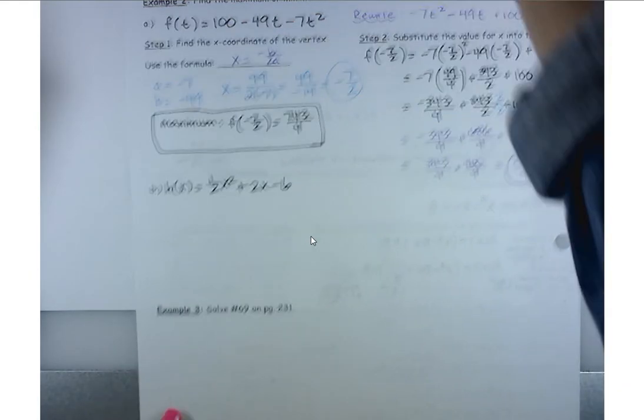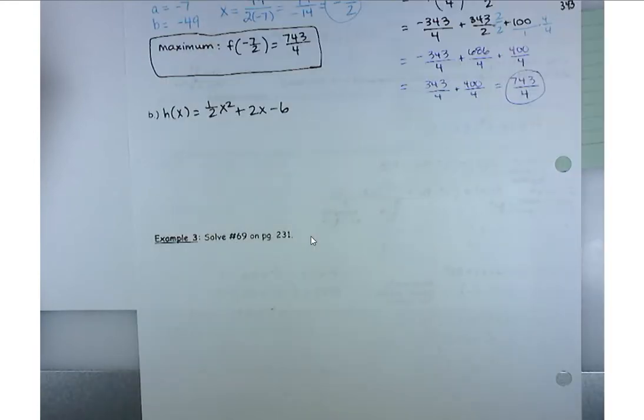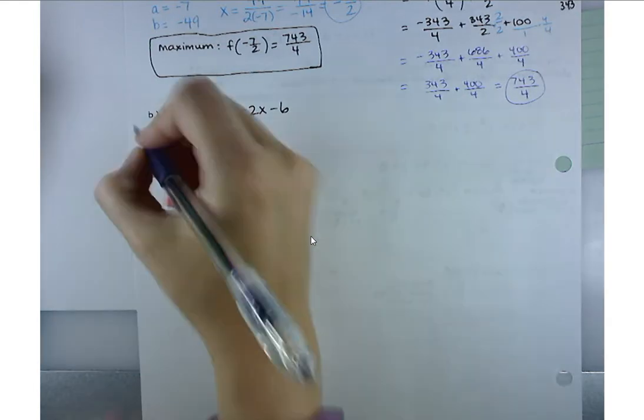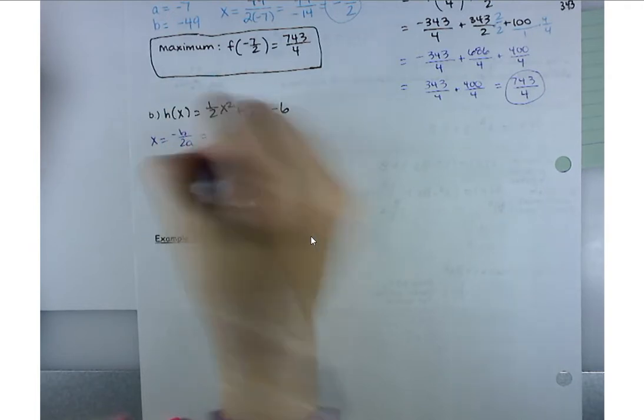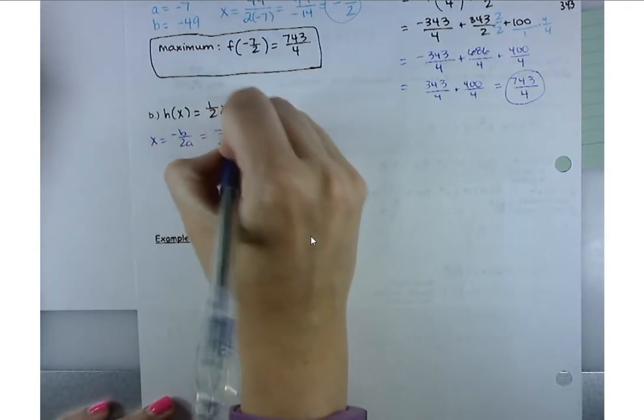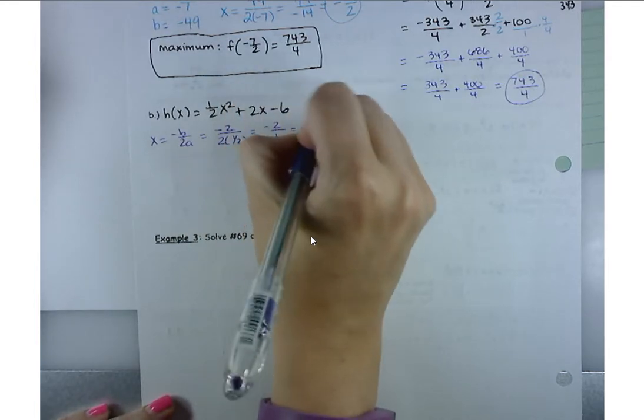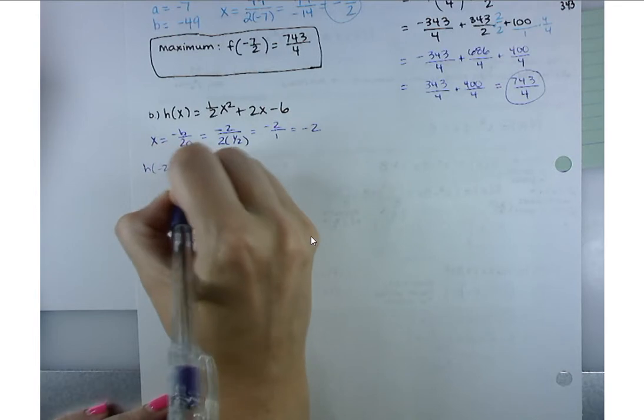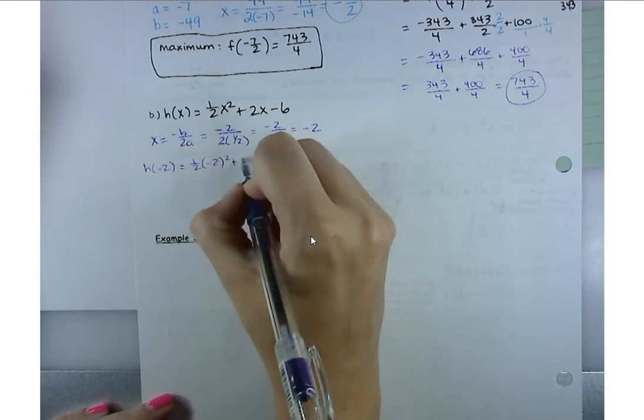And as soon as you're done with that, go ahead and go to page 231 in your textbook. h of x equals 1/2 x squared plus 2x minus 6. And yes, without your calculator.